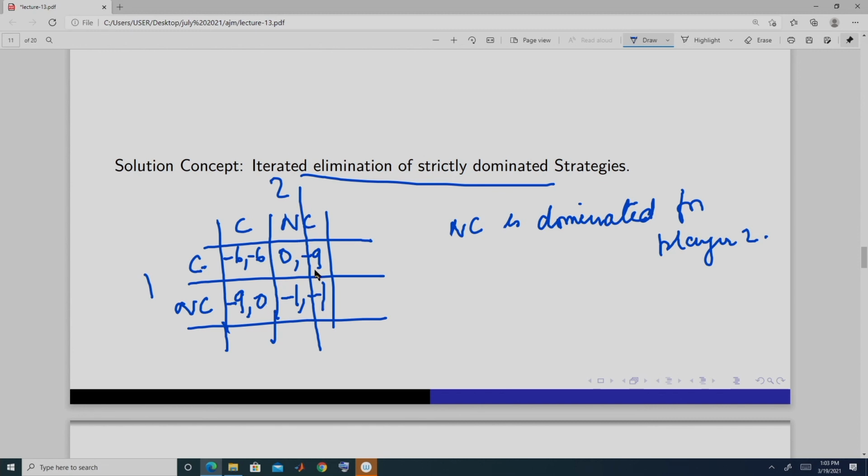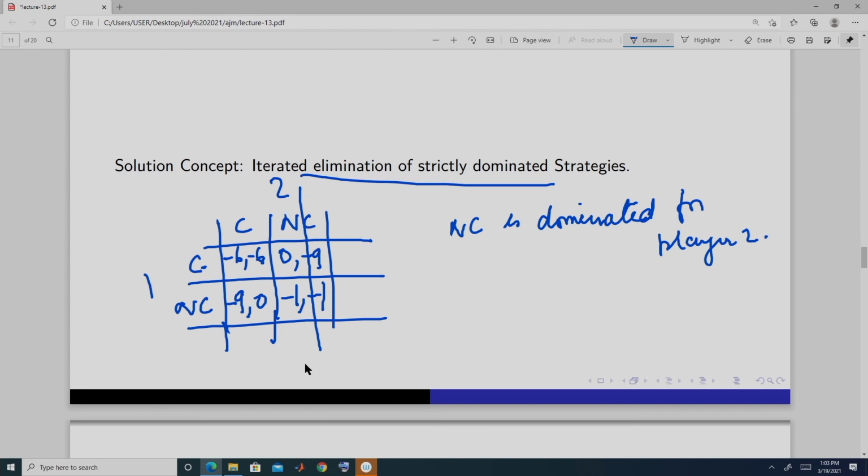If player 1 chooses C, player 2 will get -9, which is less than -6. If player 1 chooses NC, it will get -1, which is less than 0. So, that is why this is dominated for player 2.